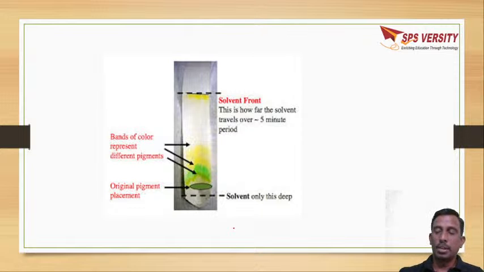You can see different bands of pigments: chlorophyll B at the bottom, blue-green chlorophyll A, xanthophylls and carotenoids. This is the use of this experiment, what we call paper chromatography.